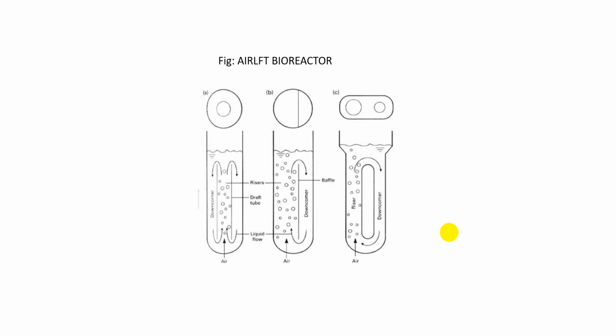You can see the riser is in the center in the first vessel, whereas in the second type of design, more than half of the vessel consists of the riser, and about 1/3 of the vessel comprises the downcomer column. Then in the third type, it has a circular motion, and the riser and the downcomer are separated by an oval space.